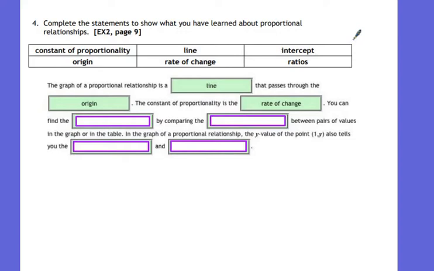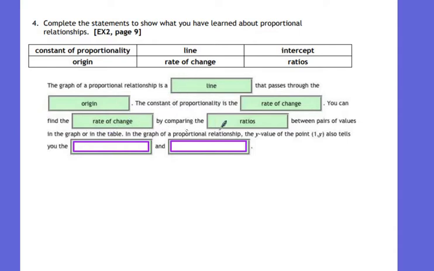You can find the blank by comparing the blank between pairs of values in the graph or in the table. You can find the rate of change by comparing the ratios, which are just fractions, between pairs of values in the graph or in the table.